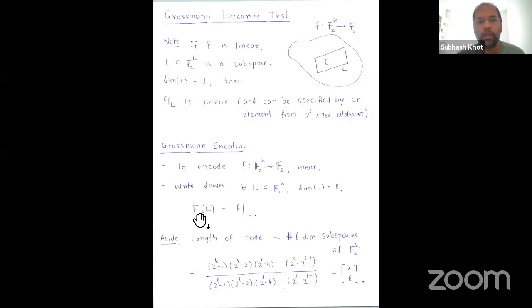This encoding we denote as capital F. It has one entry for every little l dimensional subspace, right? And this is called the Grassmann encoding. The testing problem is we are given a table capital F, which need not be a correct encoding, but we want to test probabilistically whether it is a correct encoding or close to it.